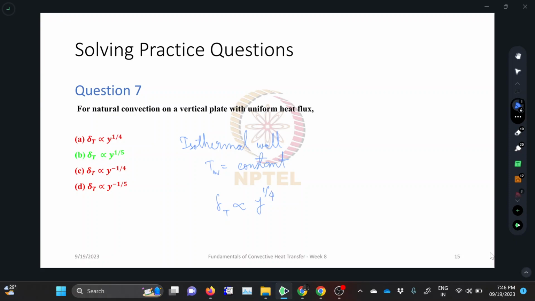And for a uniform heat flux case, where Qw double prime is equal to constant, in this case delta T becomes proportional to y to the power 1 by 5.